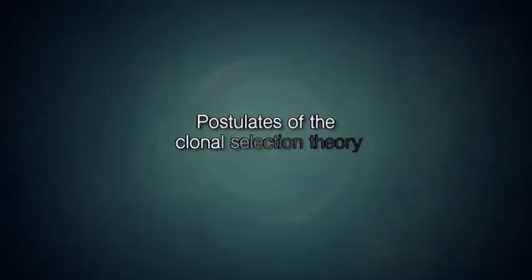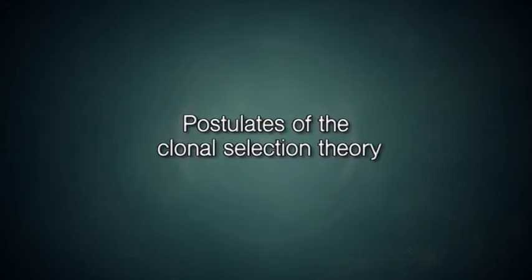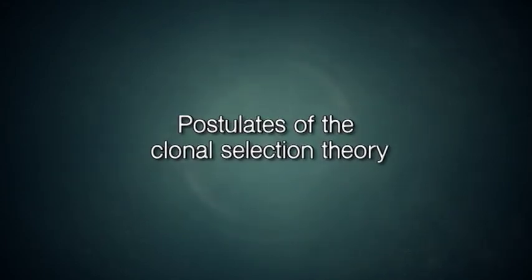Now let us see the postulates of the clonal selection theory. Each lymphocyte bears a single type of receptor with a unique specificity. Interaction between a foreign molecule and a lymphocyte receptor capable of binding that molecule with high affinity leads to lymphocyte activation.